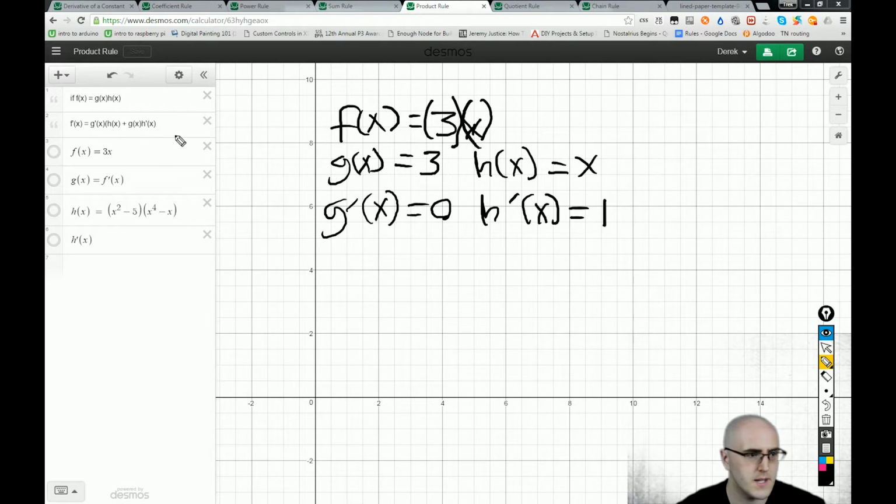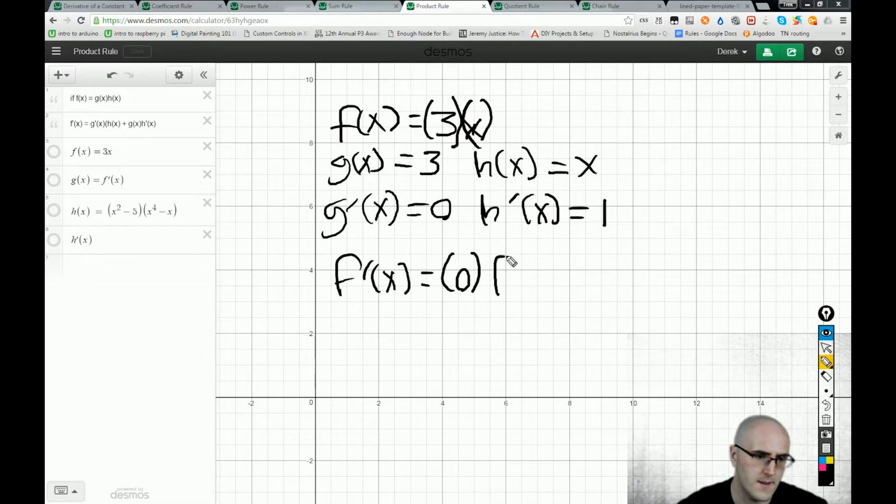And we put them into this formula that we figured out, or that I told you. So g prime is 0, so we get, let me write this down, f prime of x is equal to 0 times our h of x, which is x, plus g of x, which is 3, times h prime of x, which is 1.